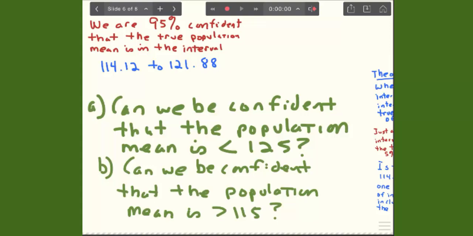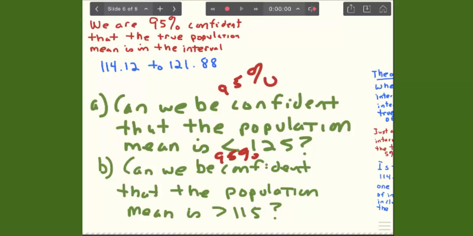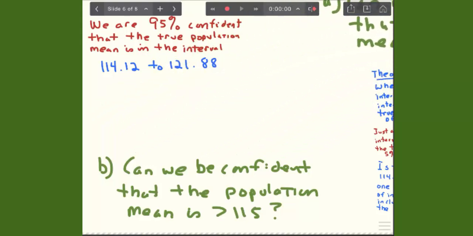And the same in the above one. Can we be 95%? Would have probably been better to have those things in there. But just make sure that you look at the entire interval when you go to answer these questions.